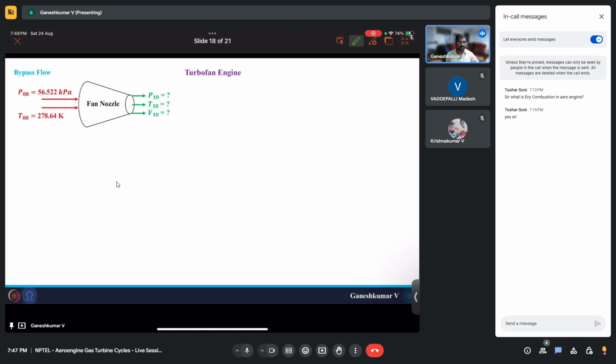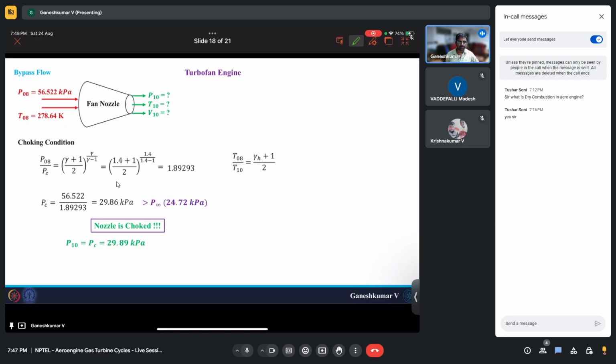That's why you should update your CPH for the core flow, core nozzle. But in bypass flow, there is no additional thing that you are adding. So whatever air enters, it leaves also as air, right? And hence you use the same cold flow CP. That's why you have 305.52 meters per second.